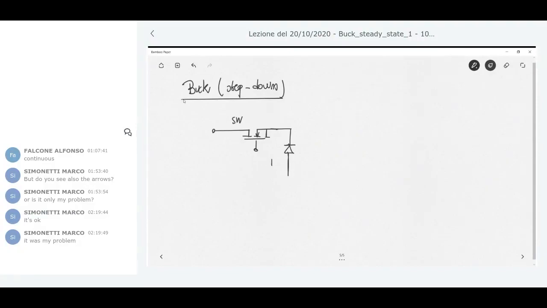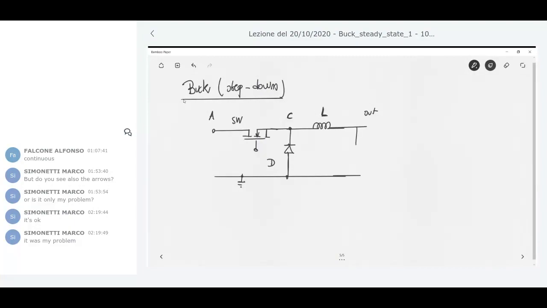Then we have the diode D, the inductor L. Let's suppose that this is my reference node for the voltages. Let me call this node, sorry, with the name C. This is the node A. This is the output node.